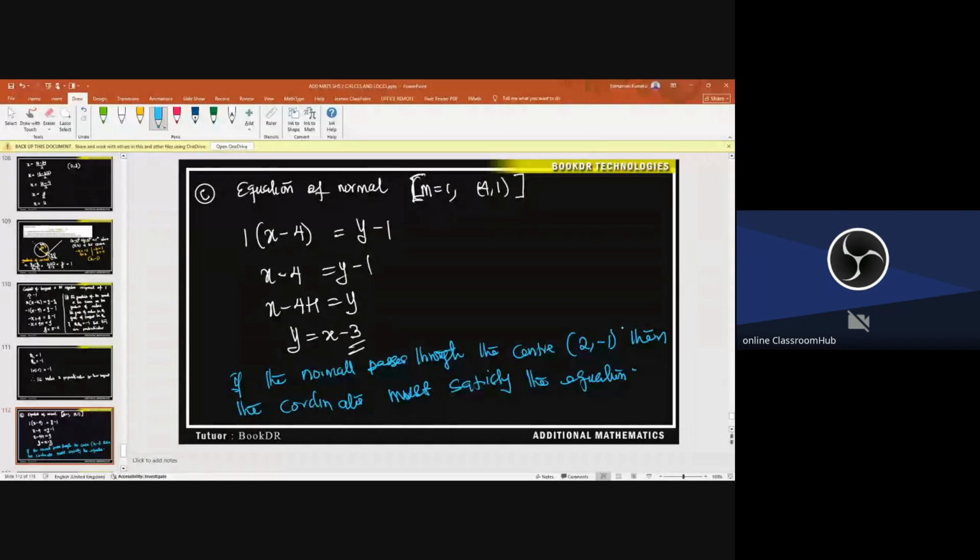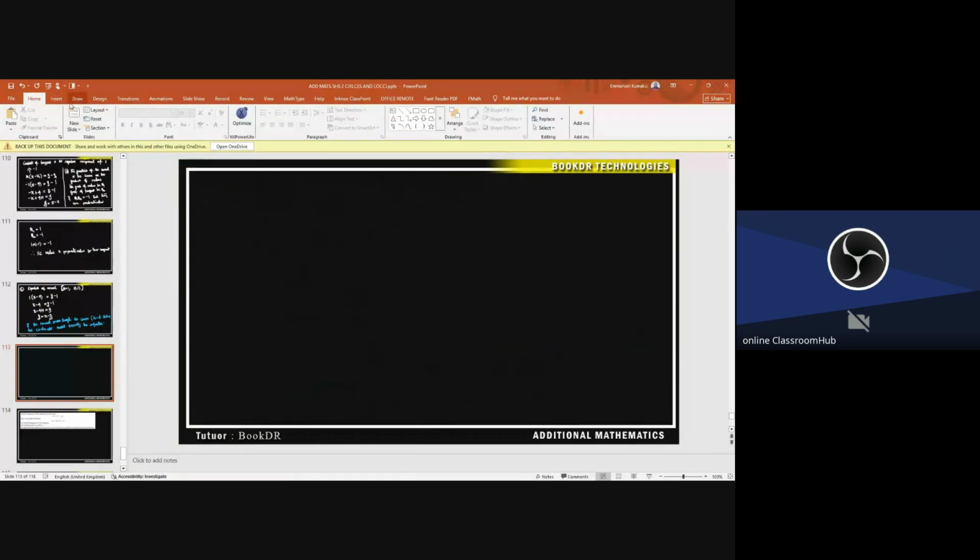So let's see whether the coordinate really satisfies. The equation is y is equal to x minus 3, and the coordinate is (2, -1). So place the -1 in place of the y. Then we'll put the 2 here, and then we simplify and see whether our left-hand side will be equal to our right-hand side. So we have -1 is equal to -1, which is a true statement in math.